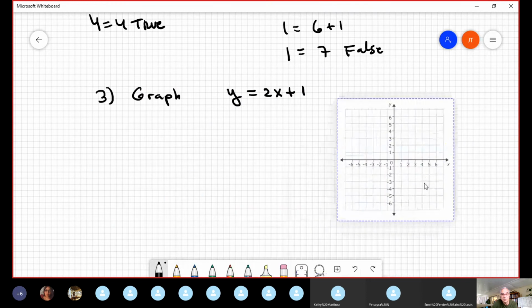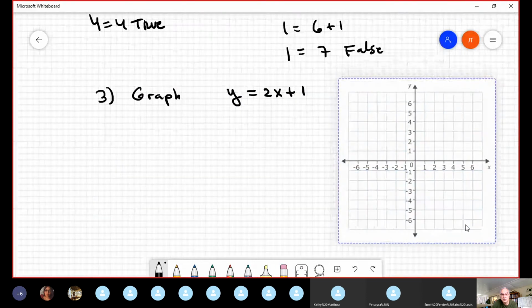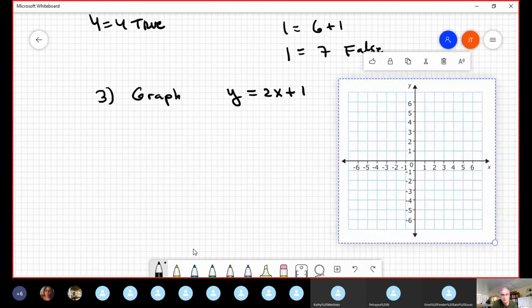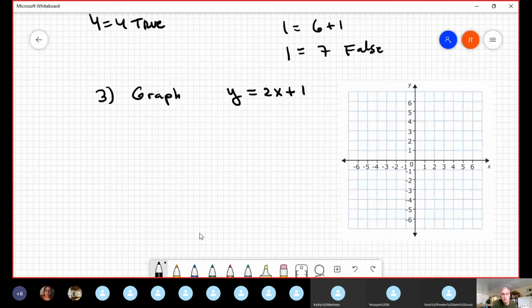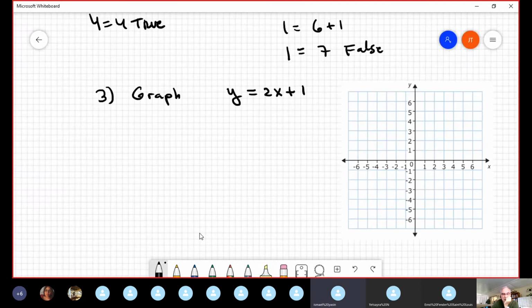One rectangular coordinate system is provided. Who help me? Who give me a clue? You can put in the y-intercept. Exactly. This is one fantastic way.